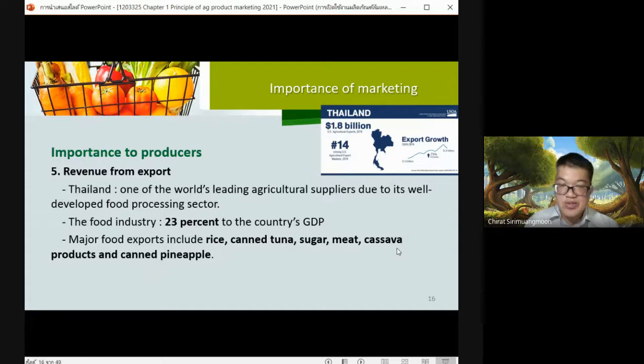The major food exports are rice, canned tuna, sugar, meat, cassava, and canned pineapple. So here are examples of how marketing drives the revenues from export and is good for producers.